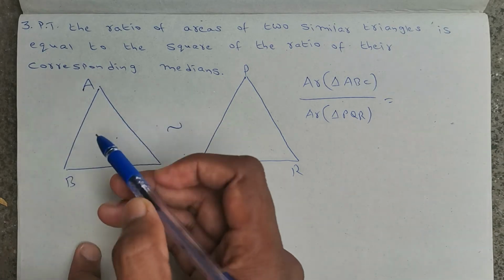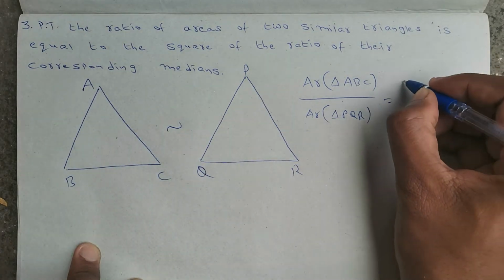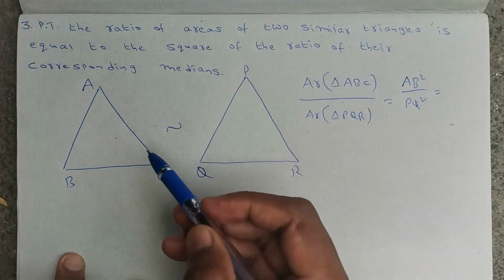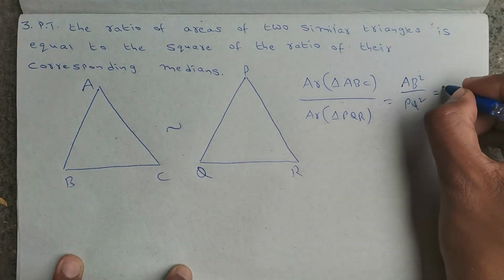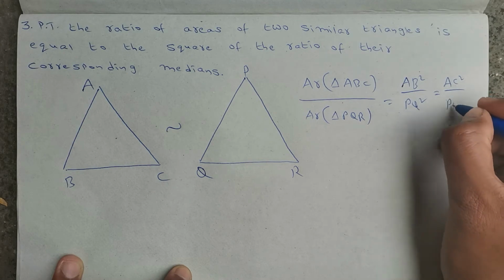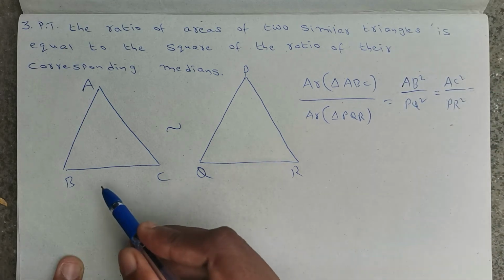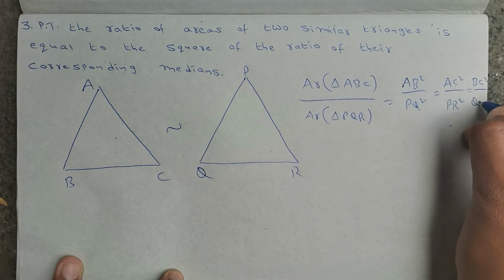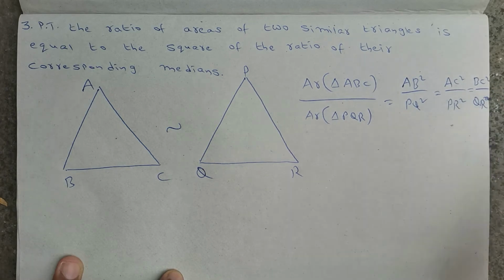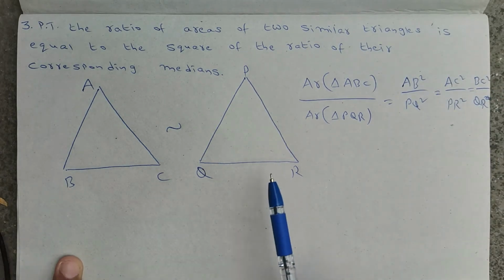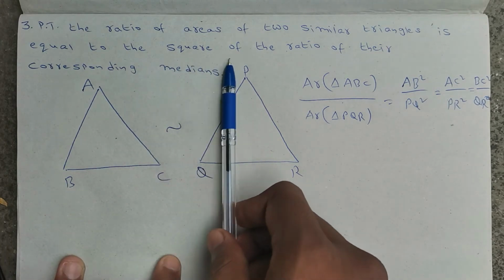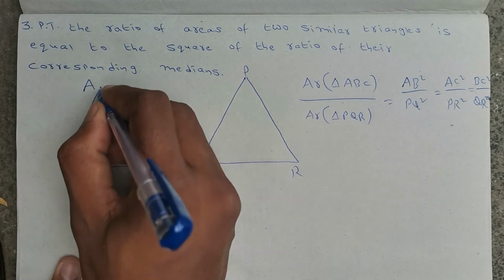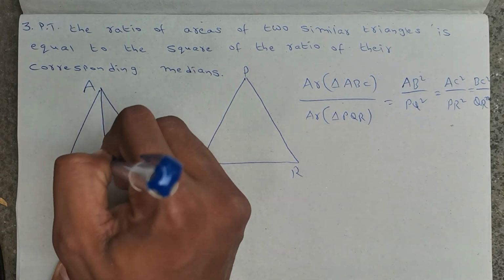So, on the left side I am taking AB square by PQ square, equal to AC square by PR square, equal to the bases BC square by QR square. Okay, we know this already. But what he is asking in the question is equal to the square of the ratio of their corresponding medians. He is asking to show this also.